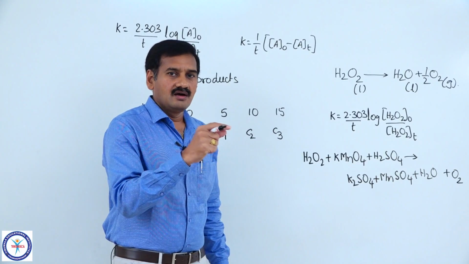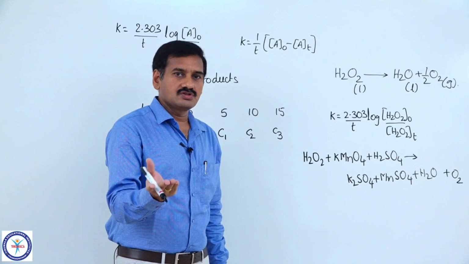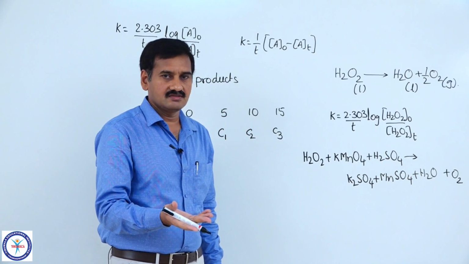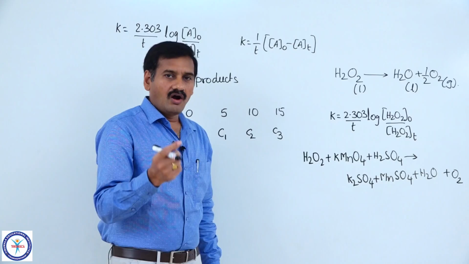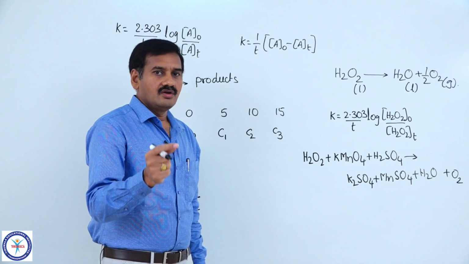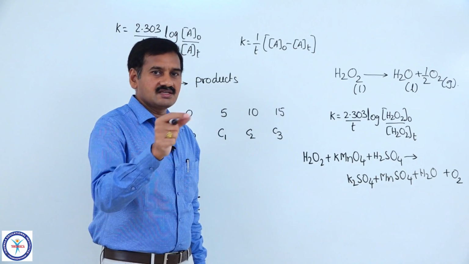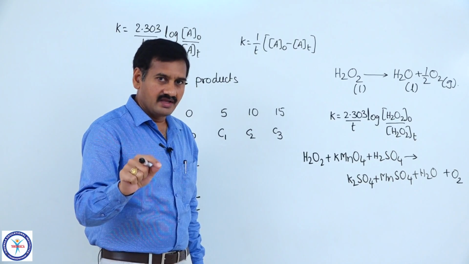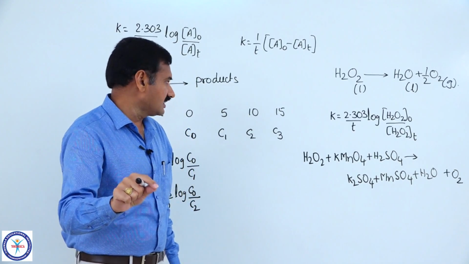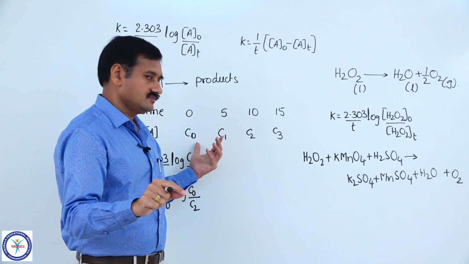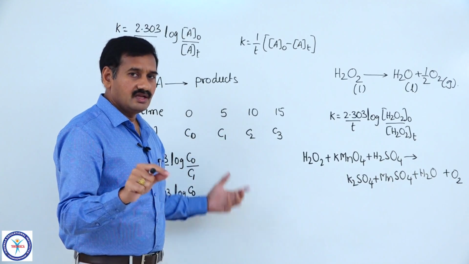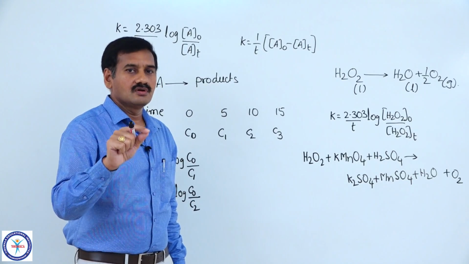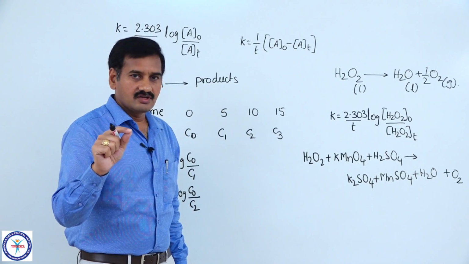As some number of molecules of H2O2 are dissociated, no doubt its concentration will decrease. So after the decrease, you have to calculate the concentration of hydrogen peroxide again. At time t equal to 0, the concentration of H2O2 was already calculated, let it be C0. Then at time t equal to 5 minutes, you have to find out the concentration of hydrogen peroxide again.